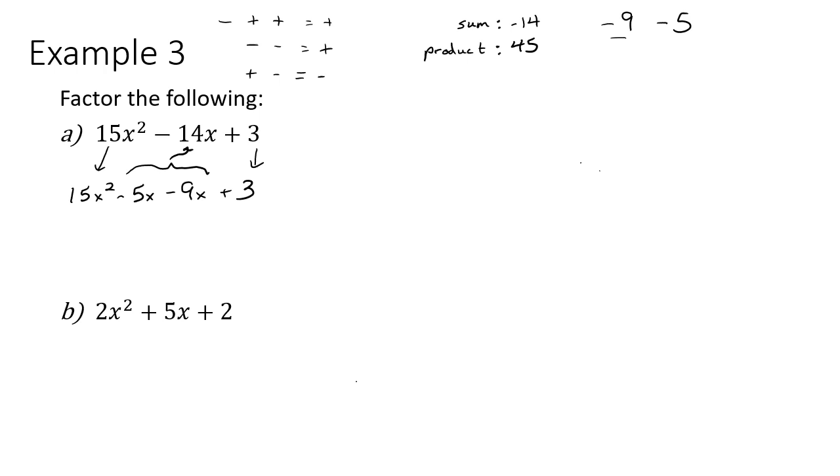And then from here, it's just factor by grouping. It's just a problem from the previous page. So for the first two terms, we've got a 5x in common. If I pull a 5x out, that leaves me with 3x in the first term and a minus 1 in the second term. And then for the second two terms, we've got a 3 in common, but pay attention to what happens if I pull out a 3.